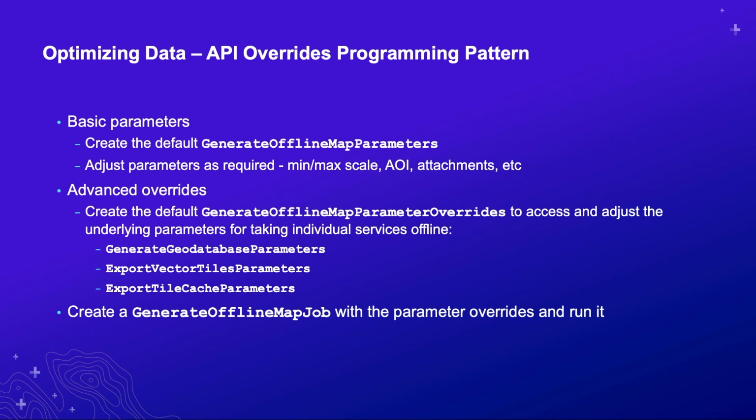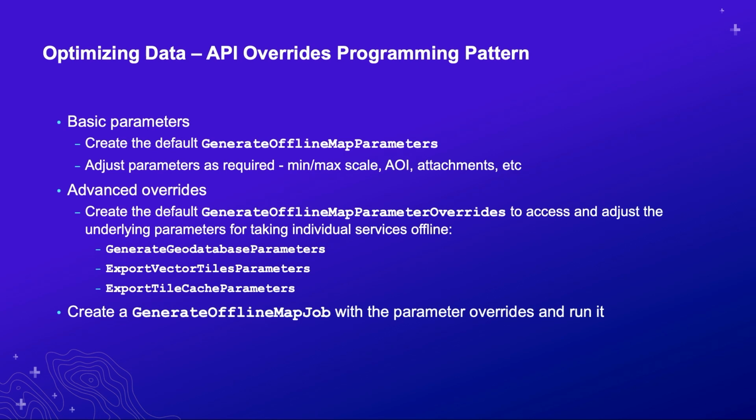There are a set of advanced overrides that allow you to modify the underlying parameters of the individual services. So whether you're taking features offline, so that's your generate geodatabase parameters, whether you're taking vector tiles offline, export vector tiles parameters, or whether you're taking the imagery tiles offline, export tile cache parameters.